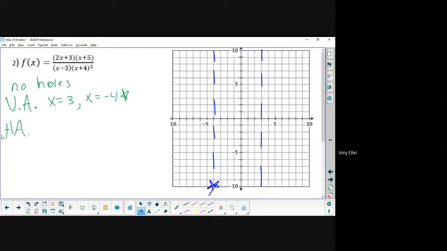We're only looking at degree, not coefficients. If I were to put the denominator in standard form, which please do not do, what would be the highest power on x? Cubed, because this is going to be x squared, and another x is x cubed. We only need the coefficients if they're the same degree, and they're not. So if the denominator is larger, it is y equals 0.